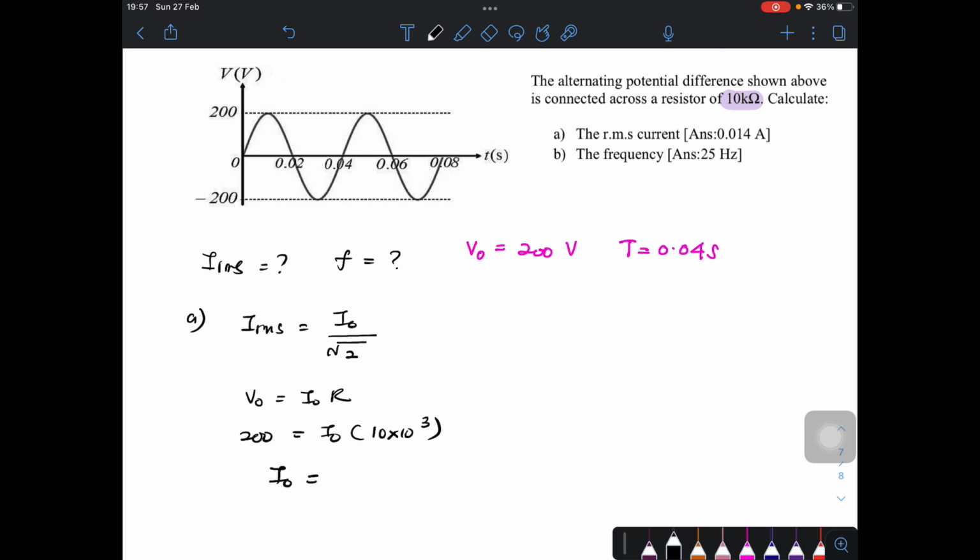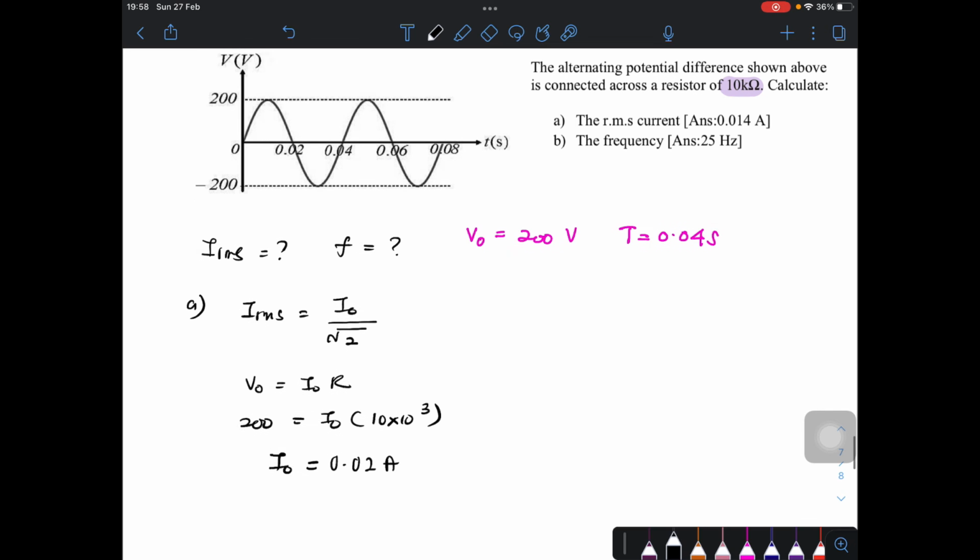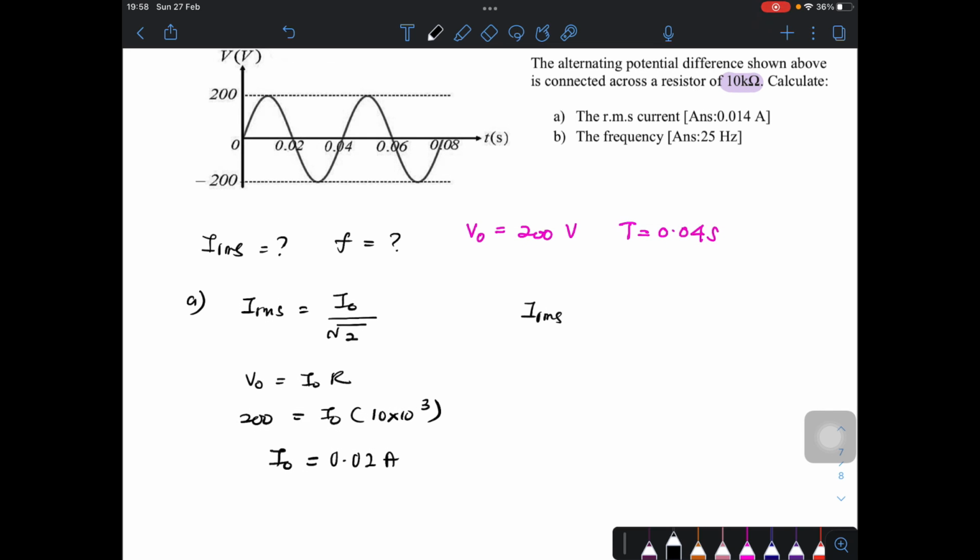So I0 will be equal to 0.02 ampere. And then we can get the value for RMS, 0.02 divided by the square root of 2, which is equal to 0.014 ampere.